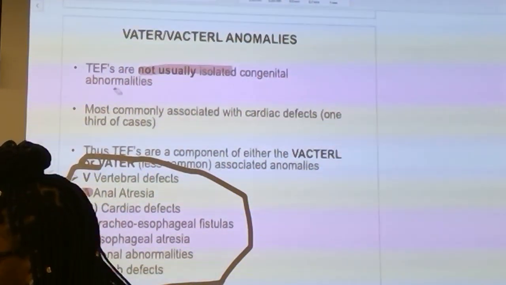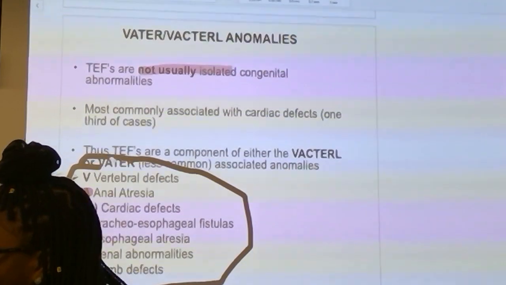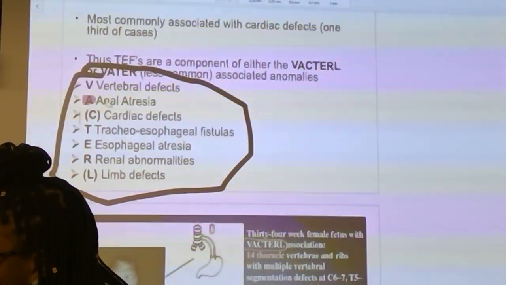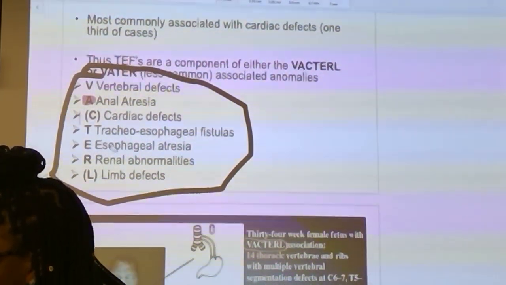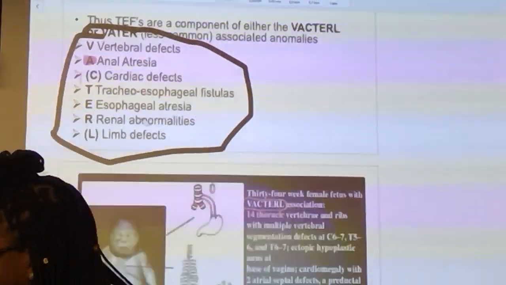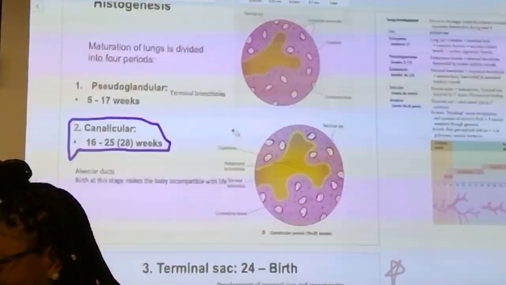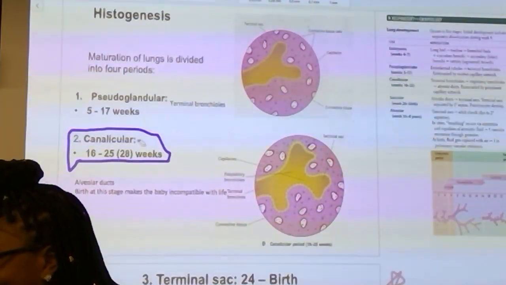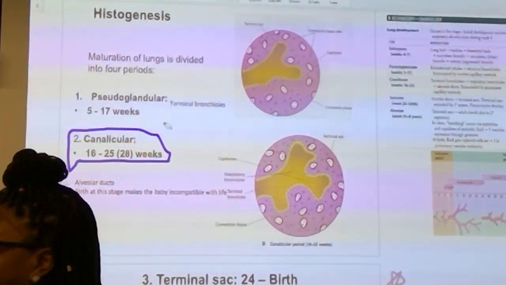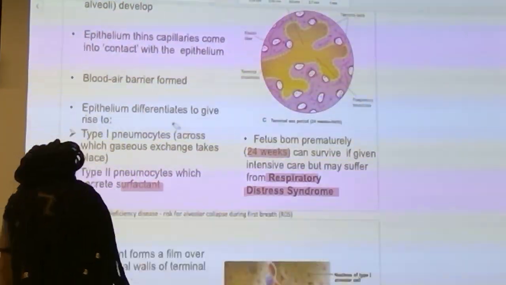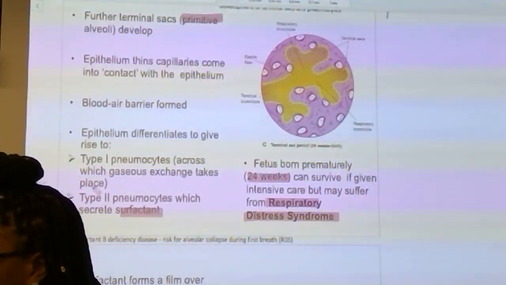And just know that for tracheoesophageal fistulas, they have common presentations with VACTERL, and just know what VACTERL stands for. And then know the weeks for the stages for this. Okay.